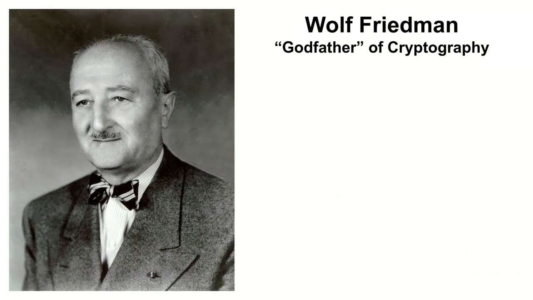Here's Wolf Freeman, Godfather of Cryptography, one of the most important people in the history of 20th century cryptography, certainly as far as the United States are concerned. Now, he very famously attempted to find Baconian ciphers in the first folio, and he didn't find them because they're not there. So the poor guy is looking for the wrong kind of stuff about the wrong guy in the wrong place using completely inappropriate techniques.